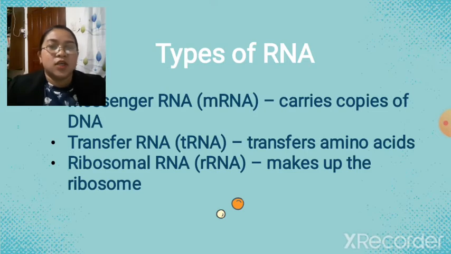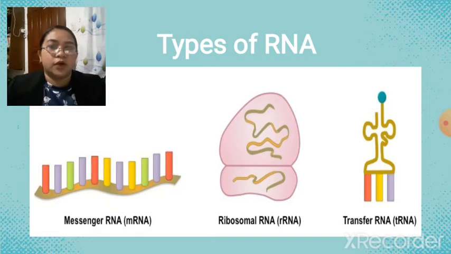Second, transfer RNA or tRNA, which transfers amino acids. And lastly, ribosomal RNA, also called rRNA, which makes up the ribosome. So here are the structures of the types of RNA.